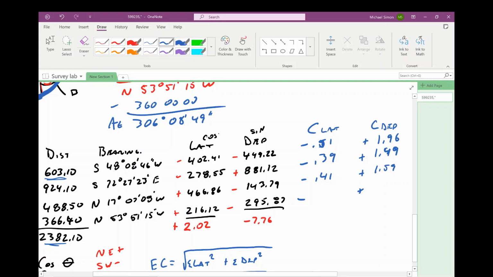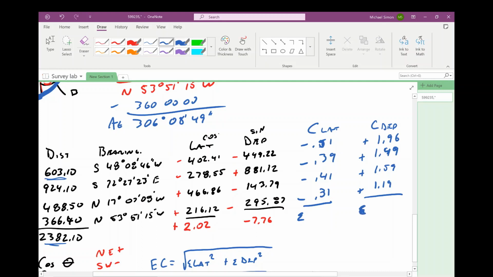And lastly, 366.4 divide 2382.1 times 2.02, 0.31, times 7.76 is 1.19. Okay, I don't know if these are right or wrong until I add them up.